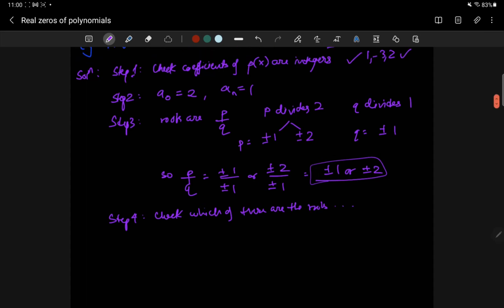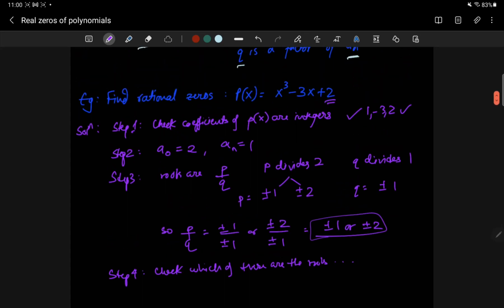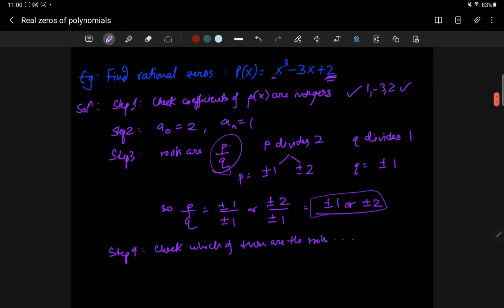Okay, so what did we do here? The result says that any rational zero of this polynomial is of this form, where the numerator divides this last number and the denominator divides the first number. So we list down all possibilities. All possible ways of a number dividing 2, meaning things that are factors of 2, are plus minus 1 and plus minus 2.